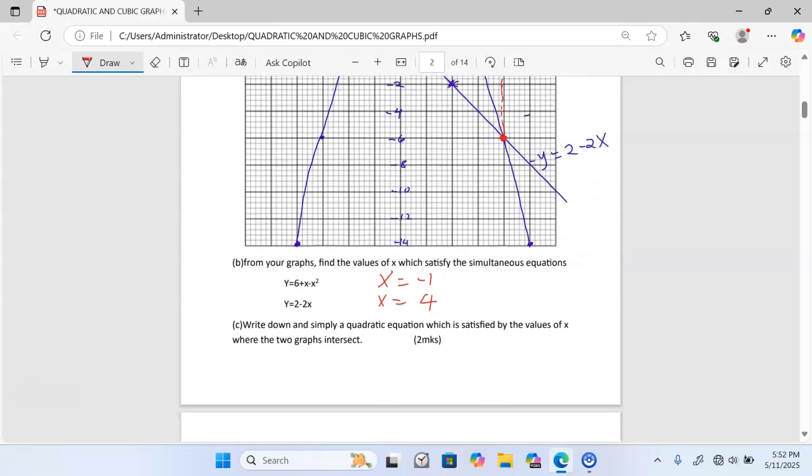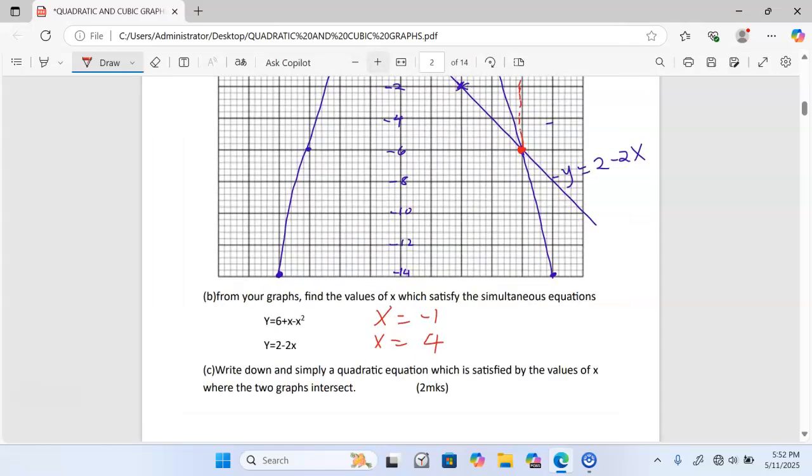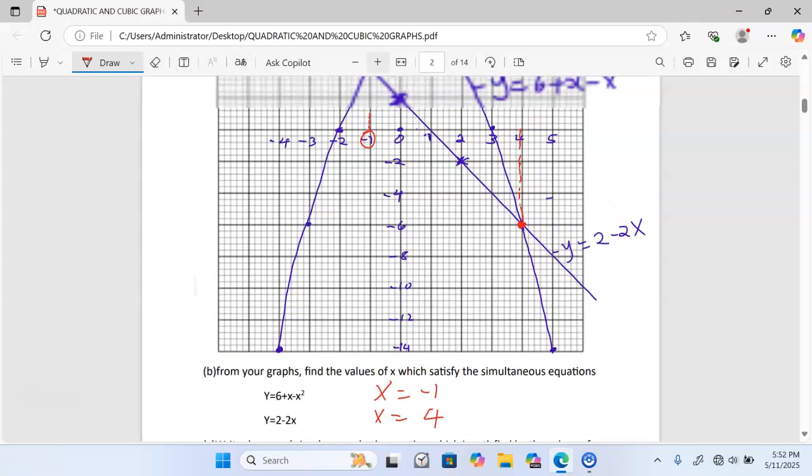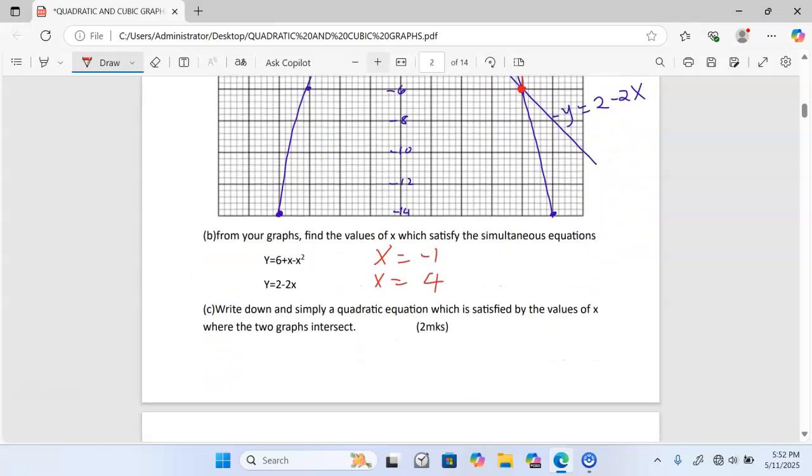Once we have done that, now we can go to the last point. And the last point is where we are supposed to write down and simplify a quadratic equation which is satisfied by the values of x where the two graphs intersect.